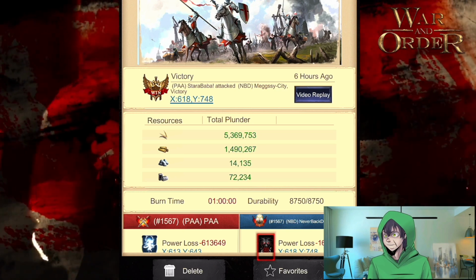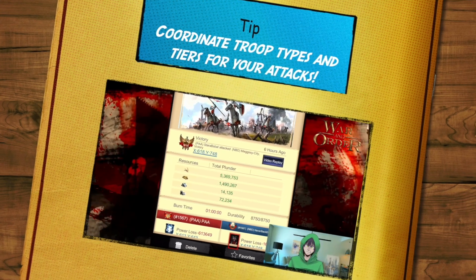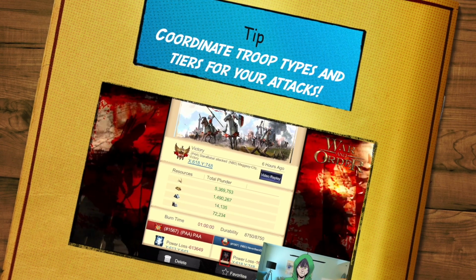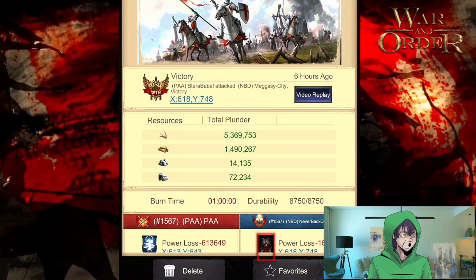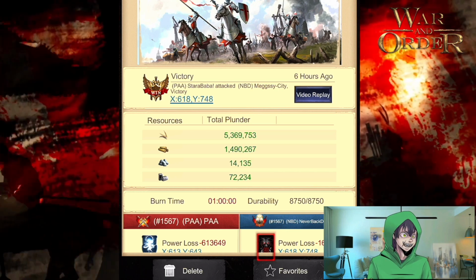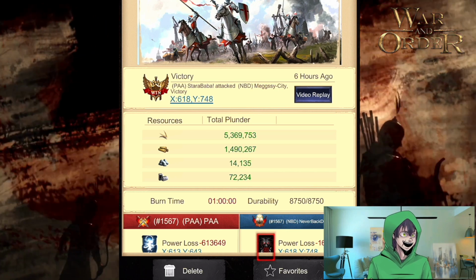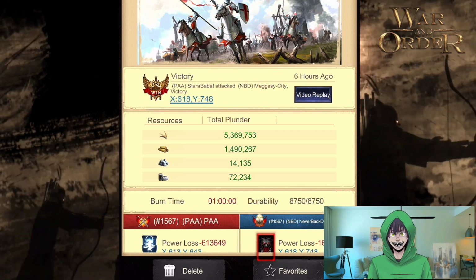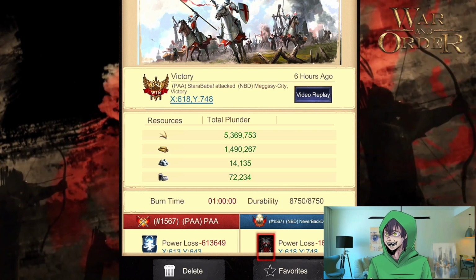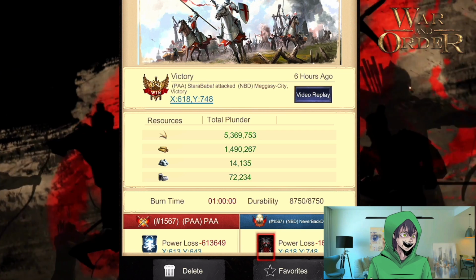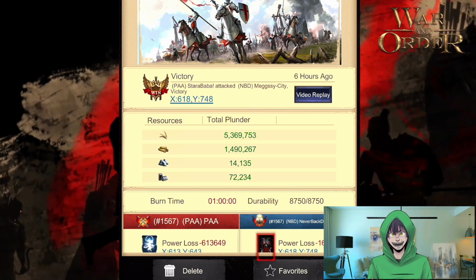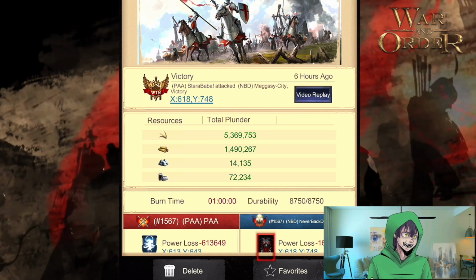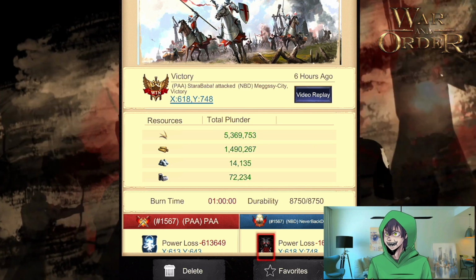Okay? So in addition to that, when you look at battles, the formation of the troops in the battle is really important. So tip number 9, it is extremely important to reduce deaths, not to be stuck in a large multiplayer attack with the wrong tier or type of troop. If you send 20,000 tier 9 infantry and everyone else sends even tiers, more than likely your infantry will take more losses than your friends do.